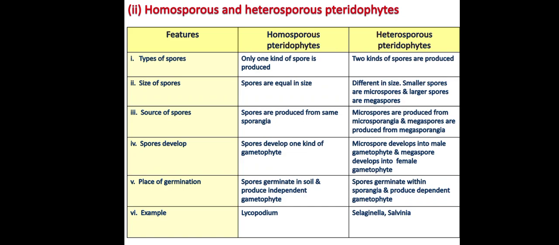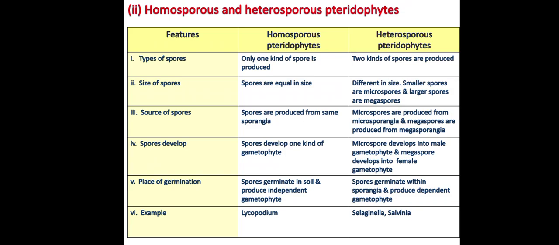Third feature, source of spores. Spores are produced from the same sporangia for homosporous pteridophytes. Microspores are produced from microsporangia and megaspores are produced from megasporangia for heterosporous pteridophytes. Fourth feature, spores develop. For homosporous pteridophytes, spores develop into one kind of gametophyte. And for heterosporous pteridophytes, microspores develop into male gametophyte and megaspores develop into female gametophyte.